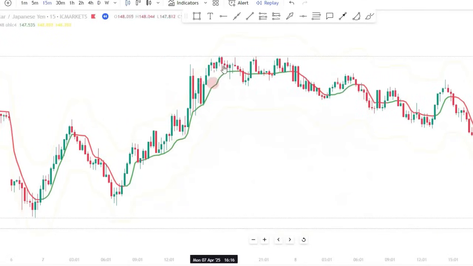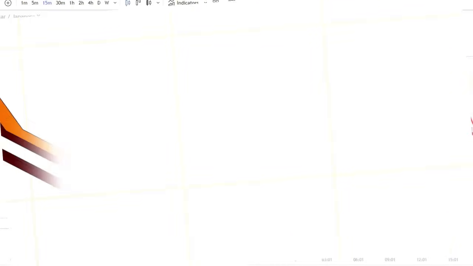Powerful move up, prices being supported by the moving average. Powerful stuff. We were consolidating. And even in the consolidation, you being a trader know that we don't touch the market too much in consolidation, but we wait for the breakout. And of course, we got that breakout, came back for a retest, and we flowed, we dropped.